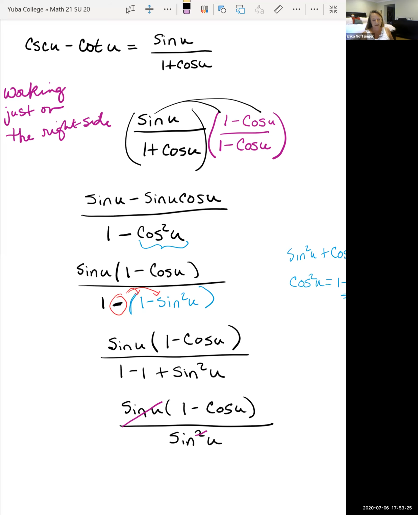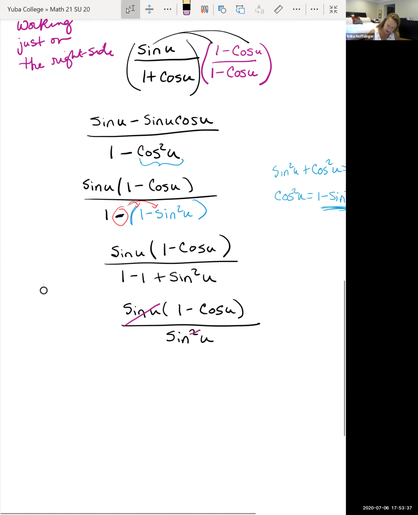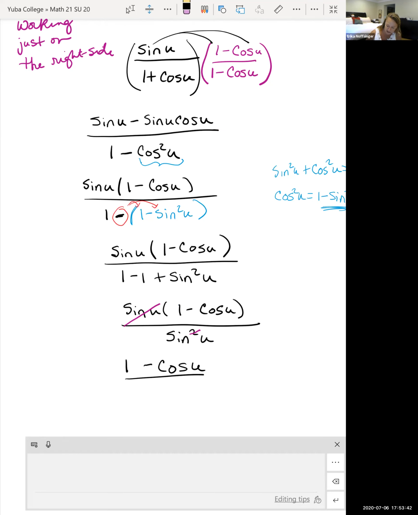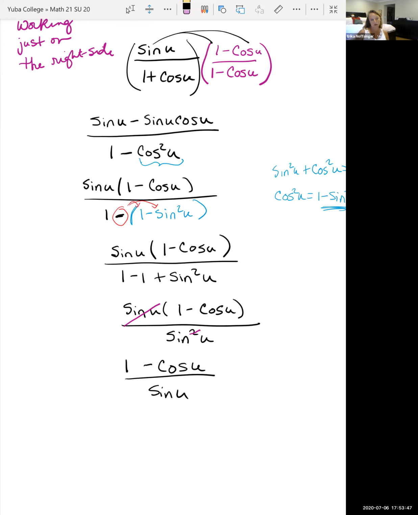We'll notice that there's 2 terms here. Now we just have a fraction. So it's helpful to go backwards. We have 1 minus cosine u right now all over sine u. A lot of times we're trying to get multiple fractions as a single fraction, but it's also helpful to go from a single fraction to multiple fractions. So we can do that. We rewrite each term in the numerator over the denominator.